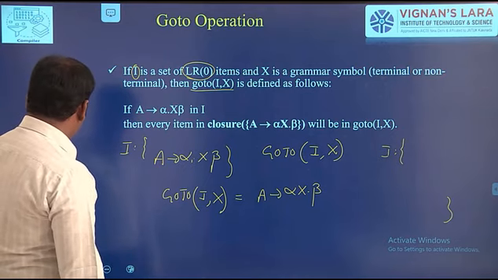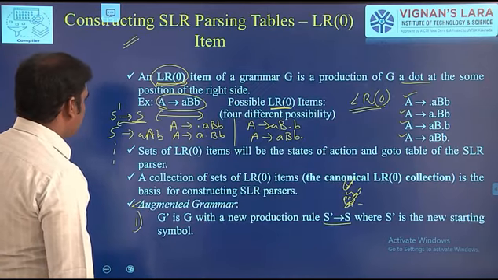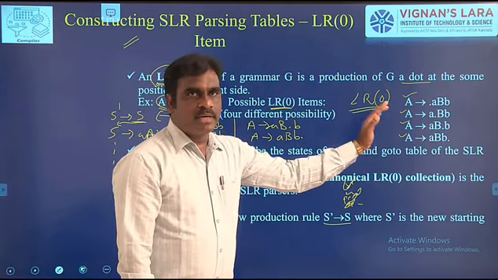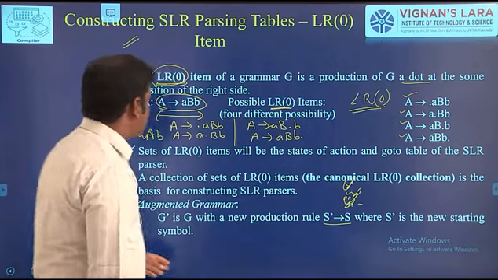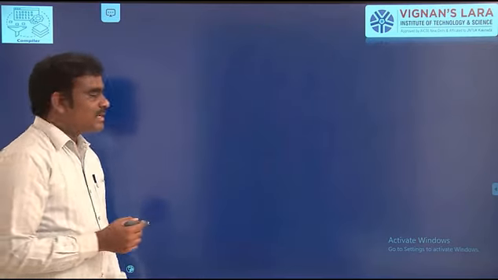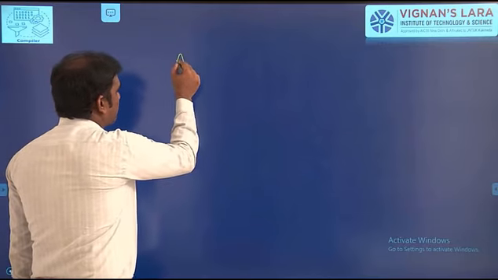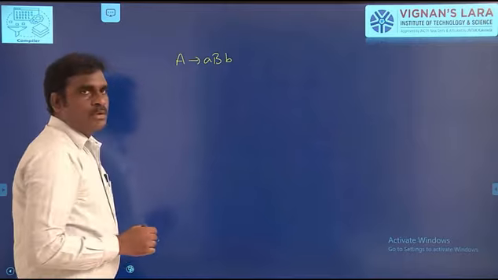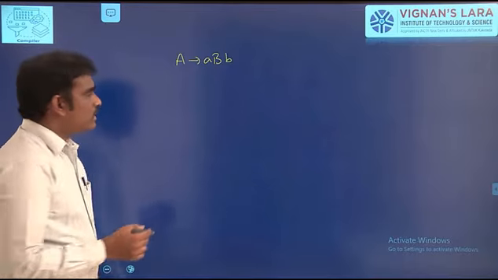Suppose we take the first example. How do we get this with the help of the goto operation? Take the grammar A → ABB. First apply the dot operator.